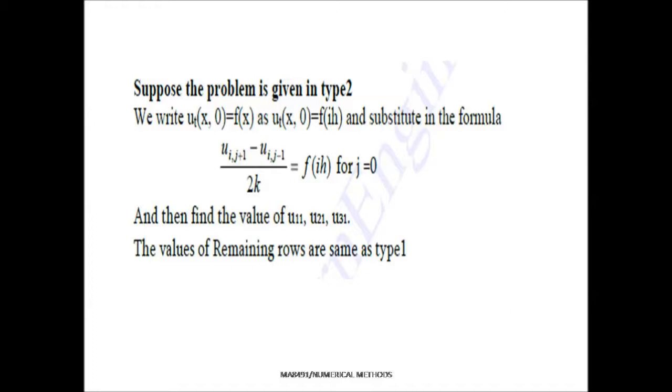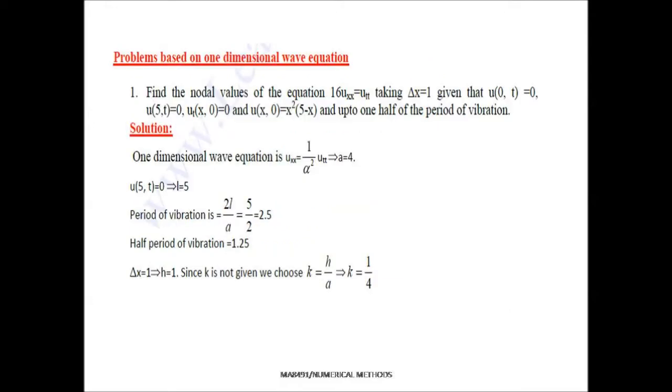Now let's see a problem based on this topic. Observe this problem. See the question. They have asked you to find the nodal values of the equation 16 uxx = utt, taking Δx = 1, given that u(0, t) = 0, u(π, t) = 0, ut(x, 0) = 0 and u(x, 0) = x²(π − x), up to 1/2 of the period of vibration.